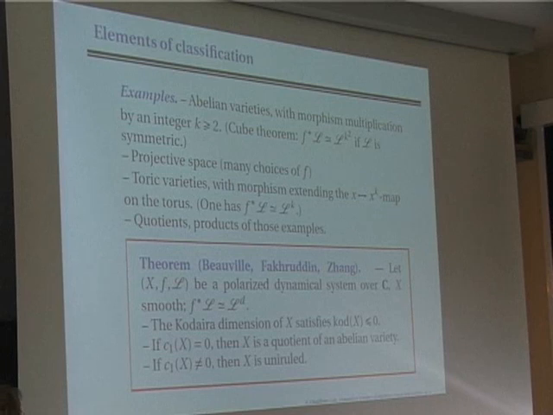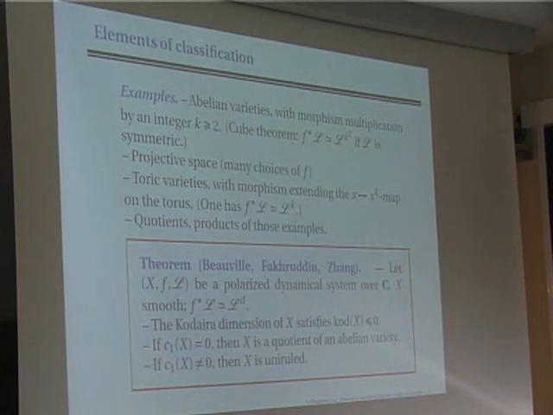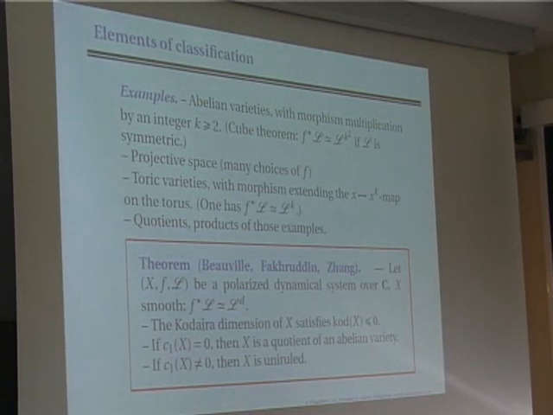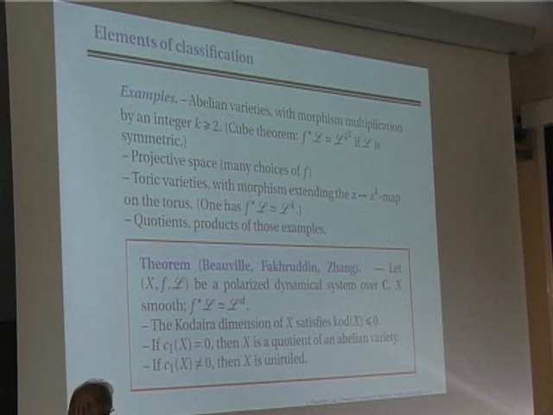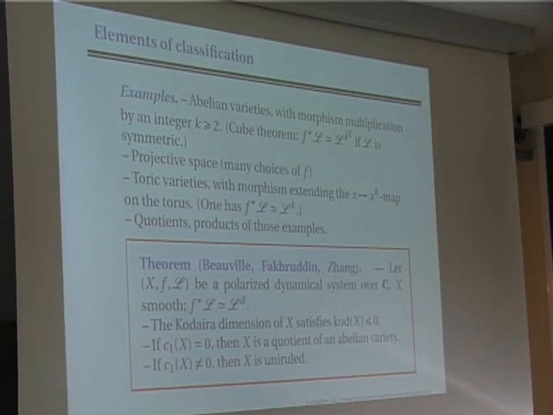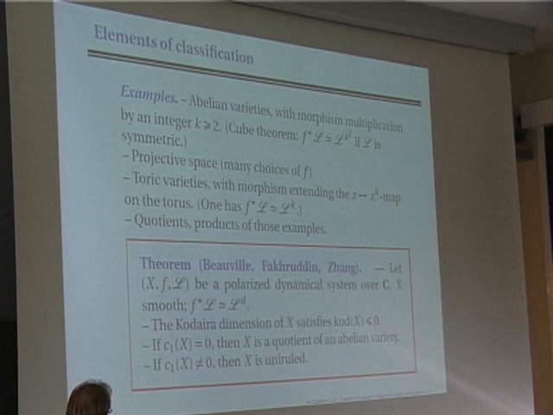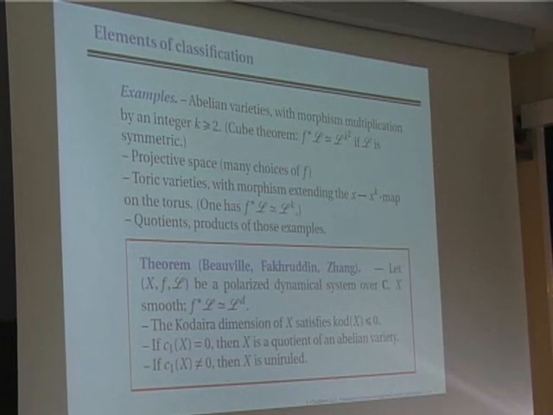Then the first result is the Kodaira dimension of X is less or equal to 0. So this means that there are essentially no covariant tensors on the variety. And if the first Chern class of X is 0, then X is a quotient of an abelian variety.